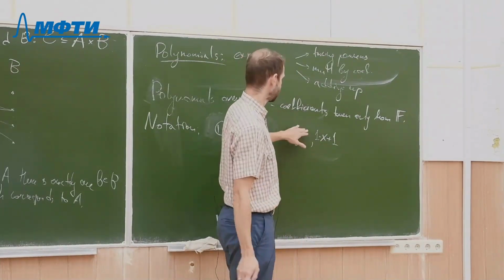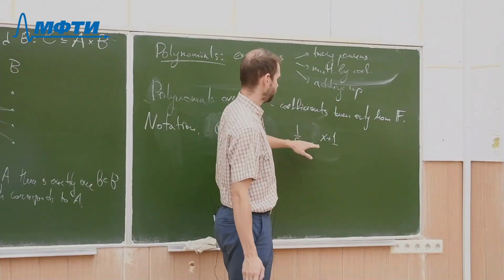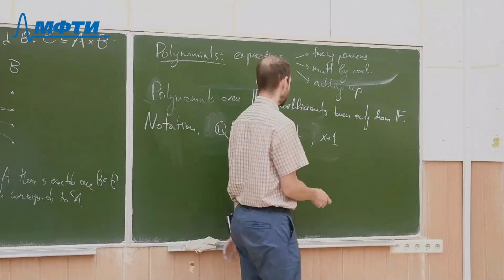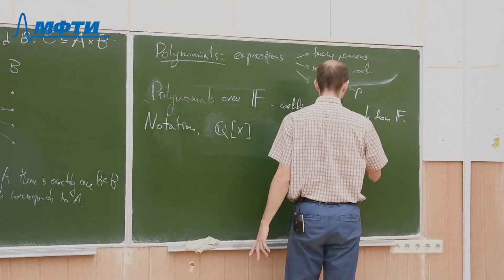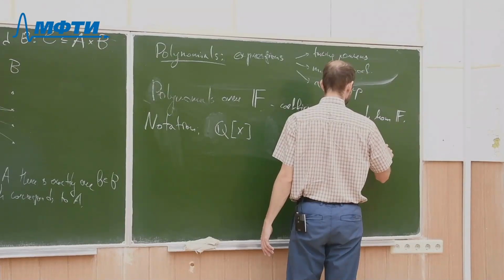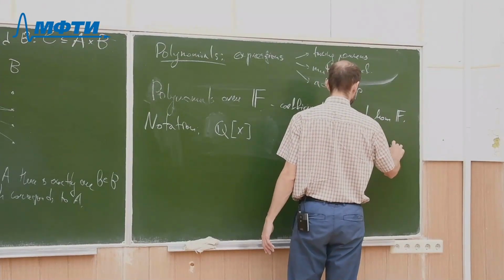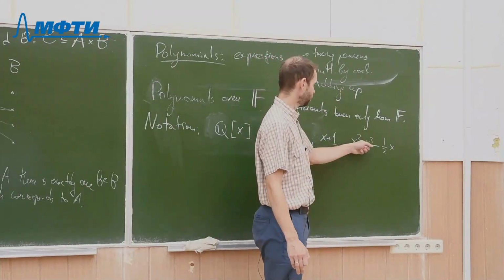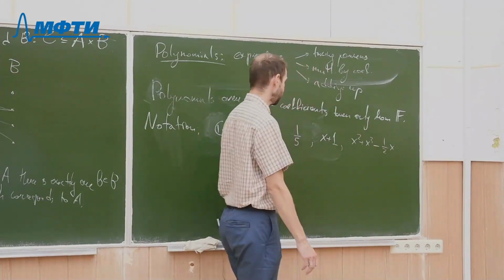So every term in this addition has some coefficient. Now x squared plus x cubed minus 1 over 2 x is also a polynomial. Again, coefficients 1, 1, minus 1 over 2, etc.